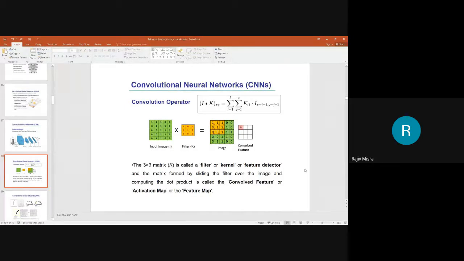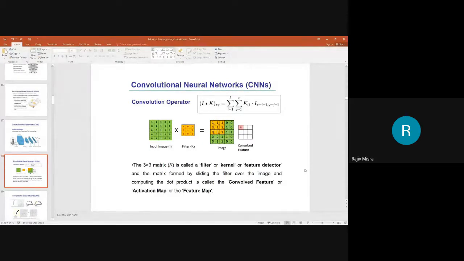And the matrix is formed by sliding this filter over the image. You can see that this filter is positioned on the topmost left corner, superimposed.